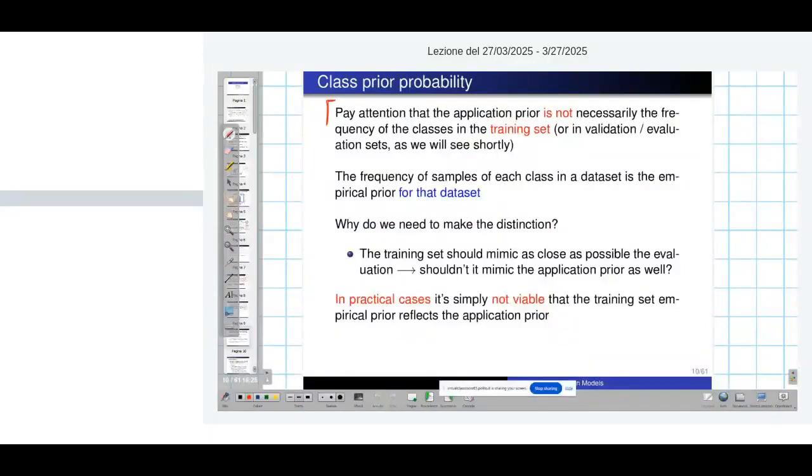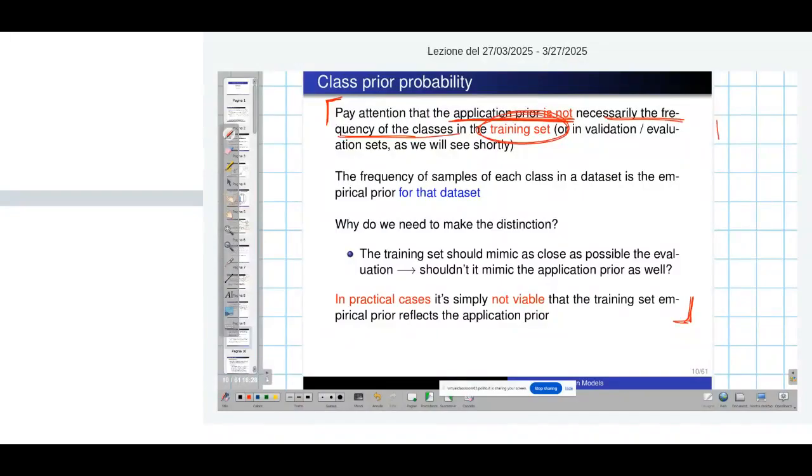Now, as I said, the main issue is that the application prior depends on the use case, and it's not necessarily the frequency of the classes in the training set. As I said before, imagine that I have to use the same recognizer for me, who likes cats, so 90% prior probability of cat, and somebody who likes dogs, 10% prior probability of cat.